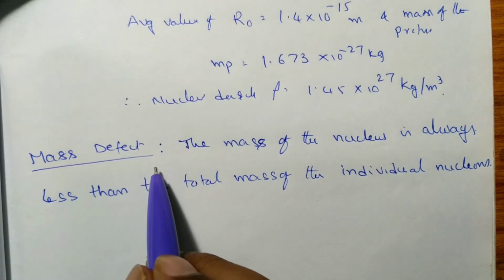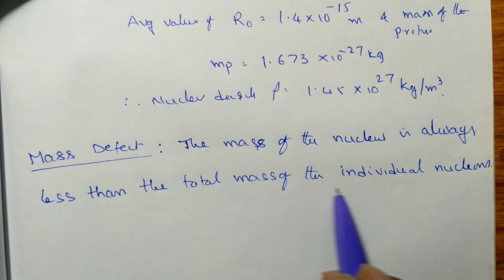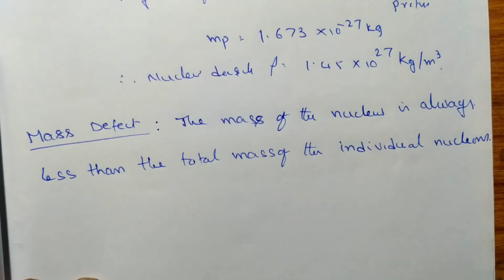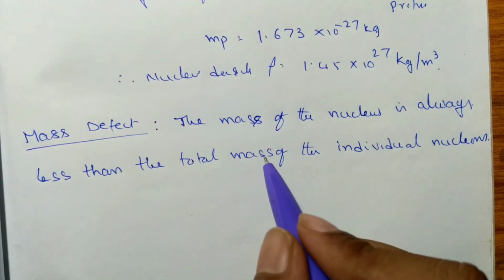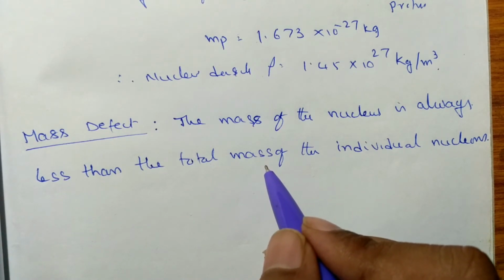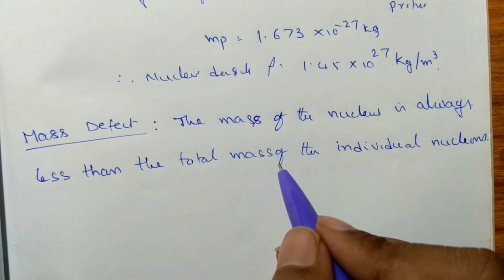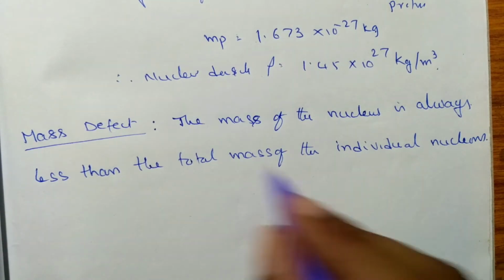Next one is mass defect. The mass of the nucleus is always less than the total mass of the individual nucleons. The mass deficiency of the nucleus will occur. The deficit mass of the nucleus is converted into energy, which will bind nucleons together in a nucleus. The mass defect can be expressed as the difference between the mass of the nucleus and the total mass of the constituents.